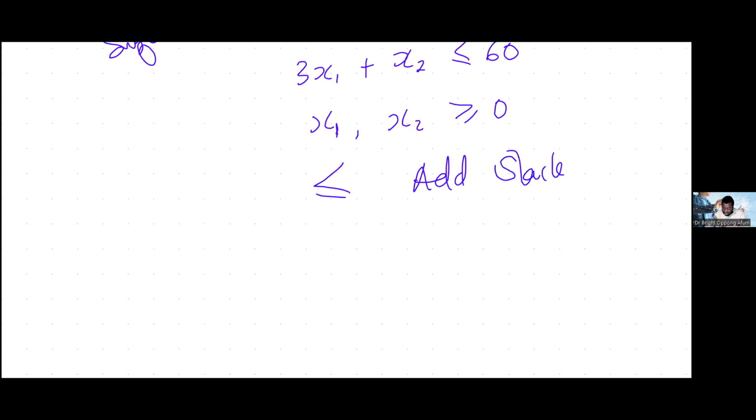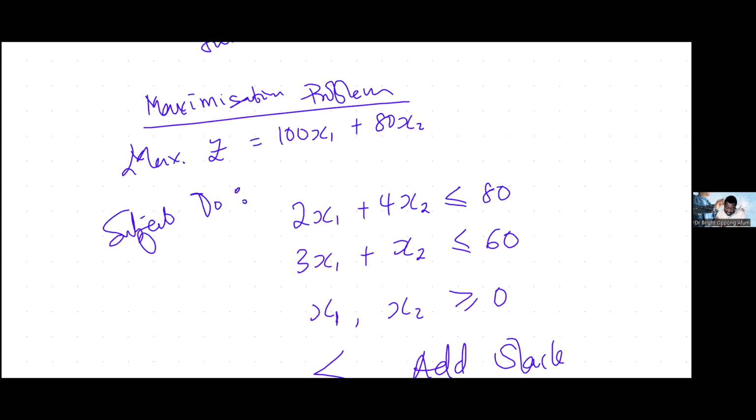And remember, with maximization, the LP model is such that all the main constraints have the left-hand side less than or equal to the right-hand side.